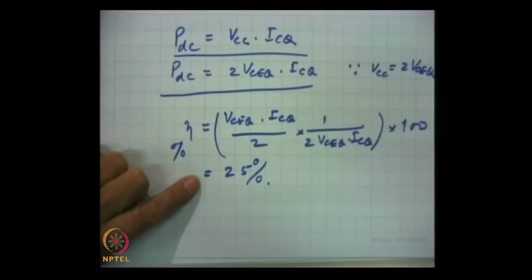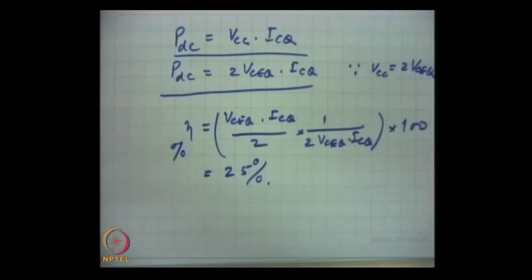So this is the efficiency, and mind it, this is the best possible and for the optimum design. By optimum design, again I repeat, we have taken the operating point at the center of the load line, and the whole active region is being utilized.